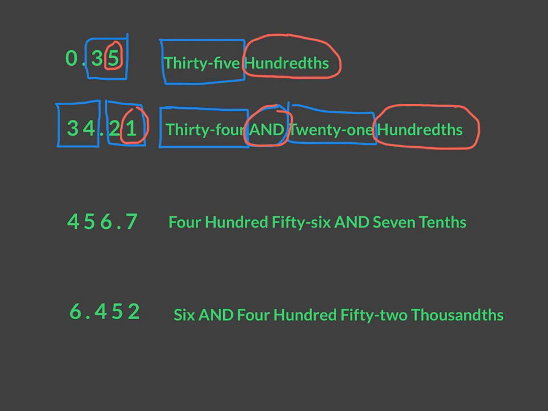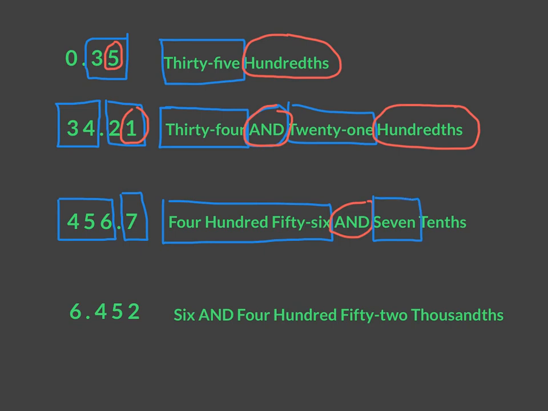Let's look at our third example, 456.7. Once again, we begin by reading the number to the left of the decimal, 456. The decimal is represented by the word "and." Now we read the number to the right of the decimal, 7.